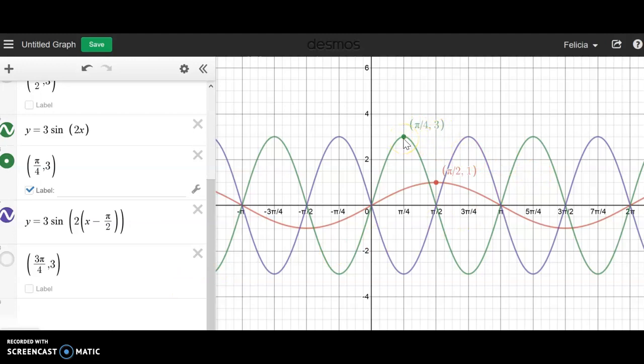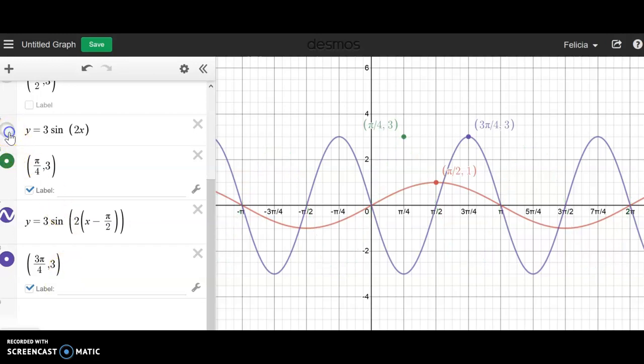If we shift it to the right pi over 2 units, our new point is going to be at 3 pi over 4 comma 3. So let me take our green graph off. And there you can see the purple graph, which is our final function relative to the sine function that we started with.